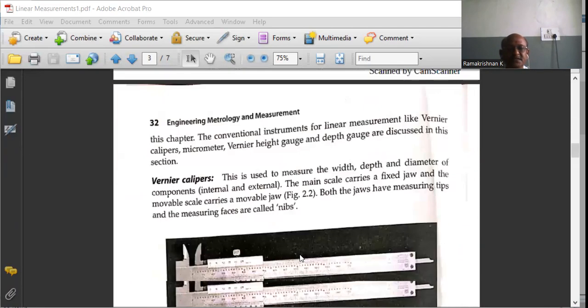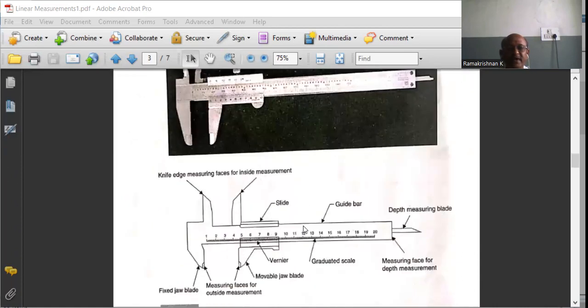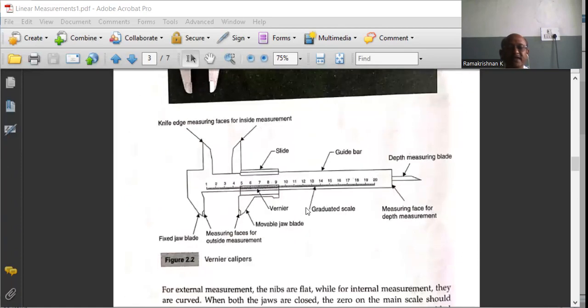As you see in the photograph and the diagram, the Vernier caliper consists of the main scale and a Vernier scale. Other than that, there are two jaws at the top and bottom.